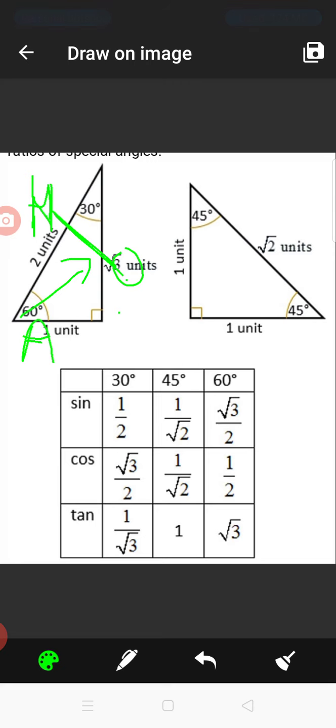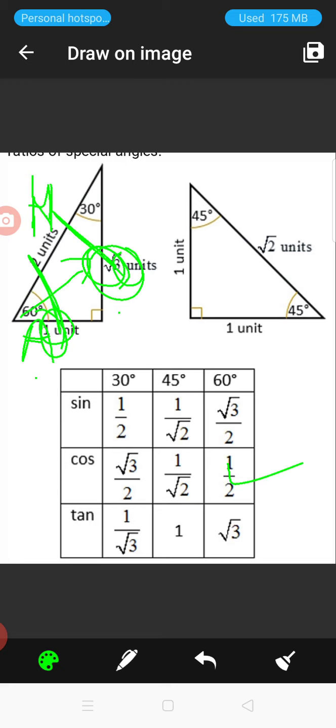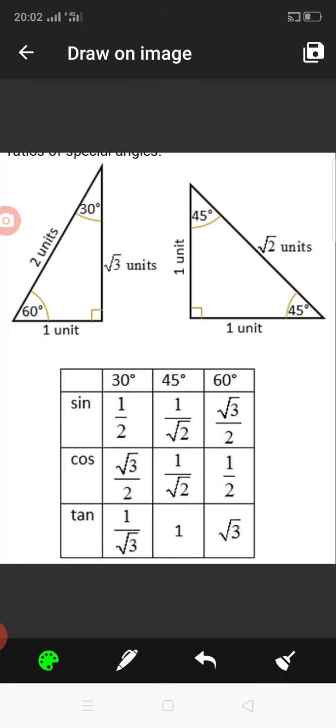What is cos of 60? That is adjacent upon hypotenuse. Adjacent is 1, hypotenuse is 2. That's why 1 upon 2. And tan of 60? Opposite upon adjacent, that is root 3 upon 1, which means only root 3 is the answer.